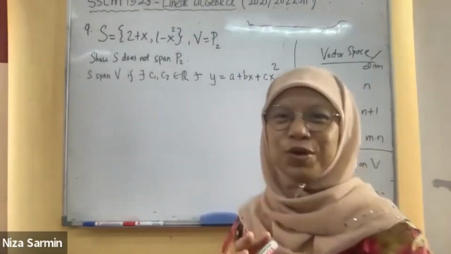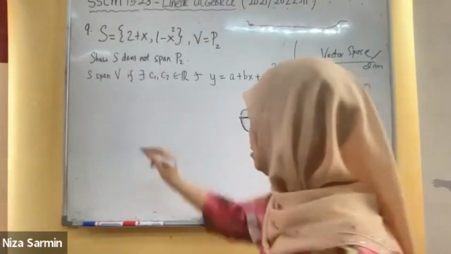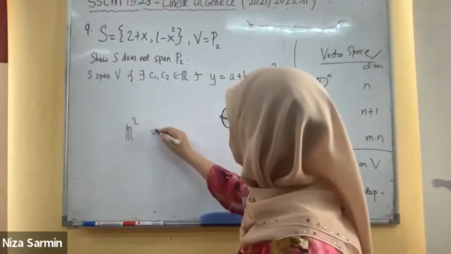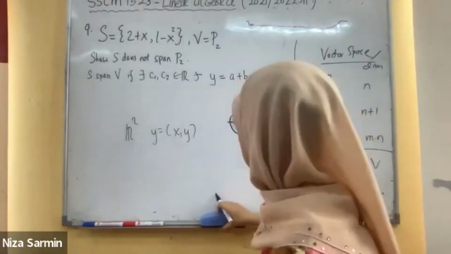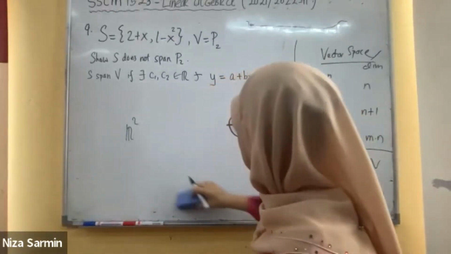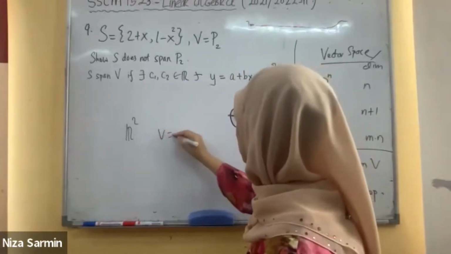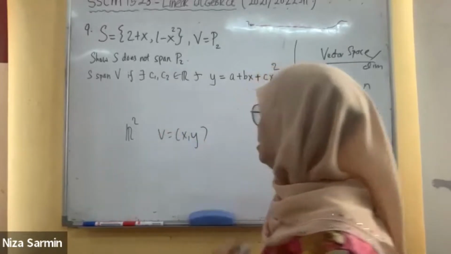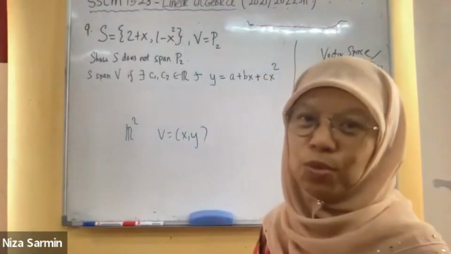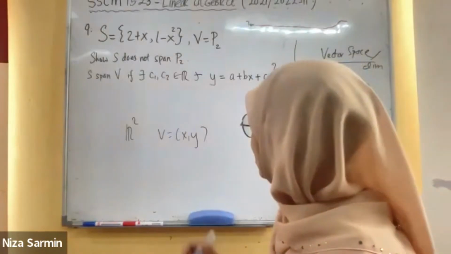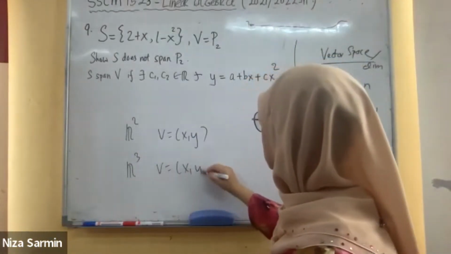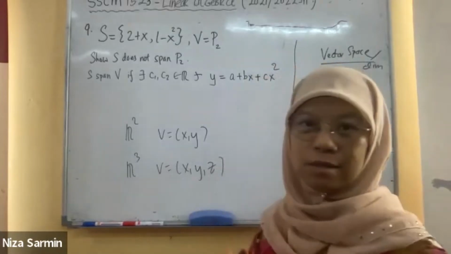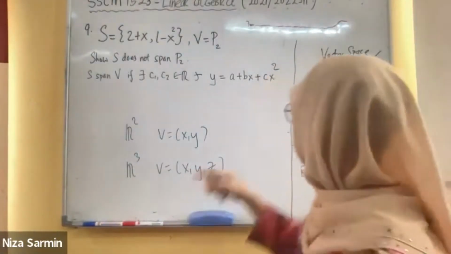You have to know in R2, y will be equal to x, y. I don't want to write simply V, because y is that y. Okay, in R3, the V will be x, y, z. Right? For all.